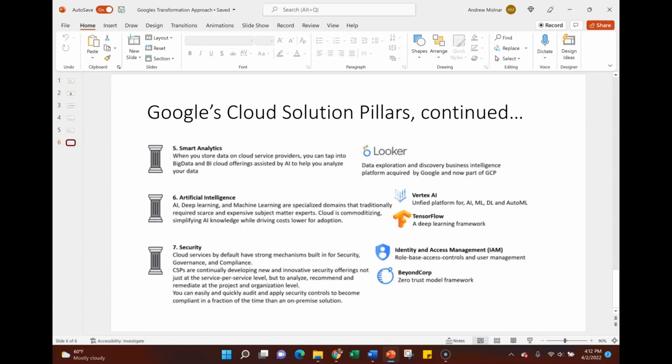And then this is just wrapping up the final 3 of the 7 pillars that Google uses, with my notes on the left and some examples on the right. That's it. Don't get buried in that. Just enjoy it.